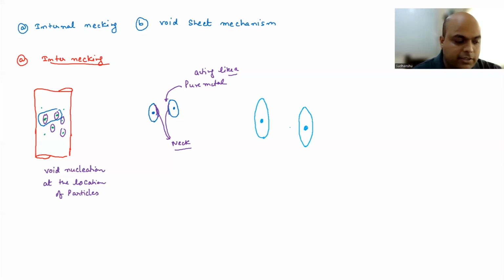Now there is a local necking, and finally it is going to rupture because it is acting like a pure metal. So you are going to see something like this.